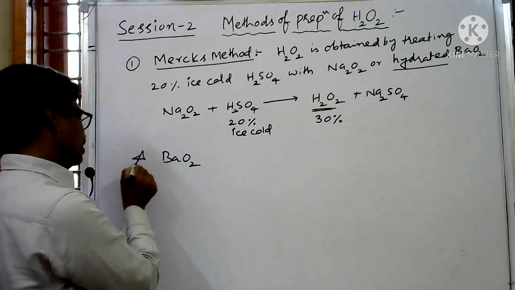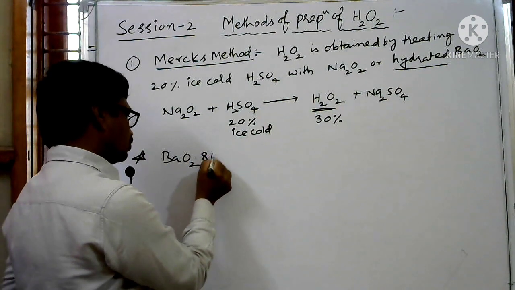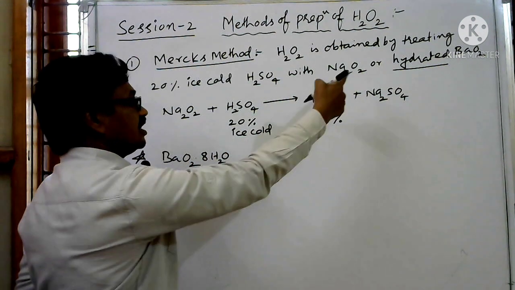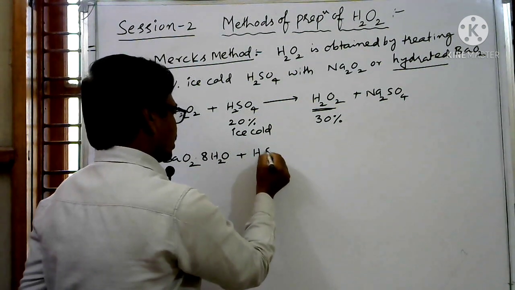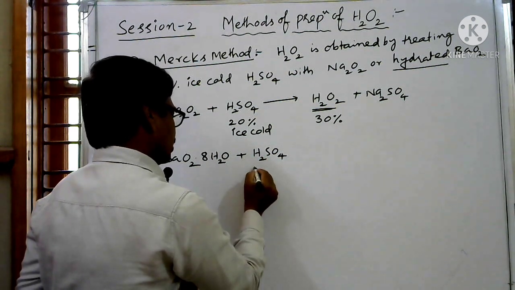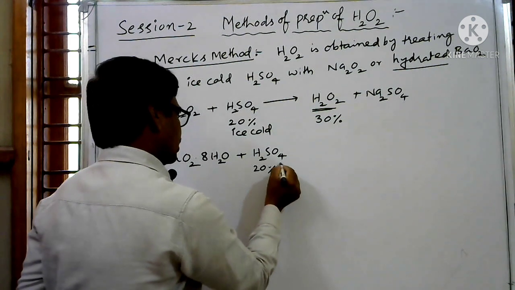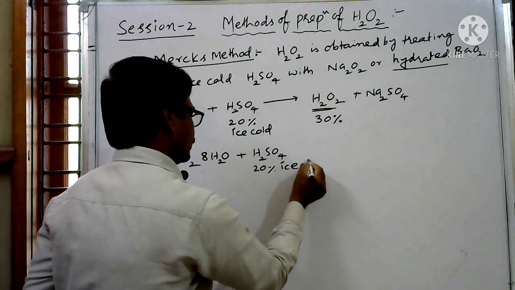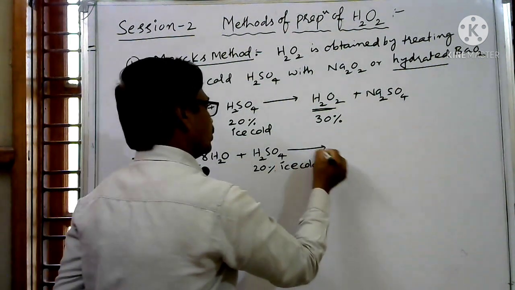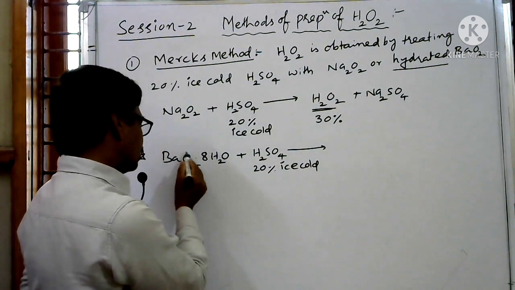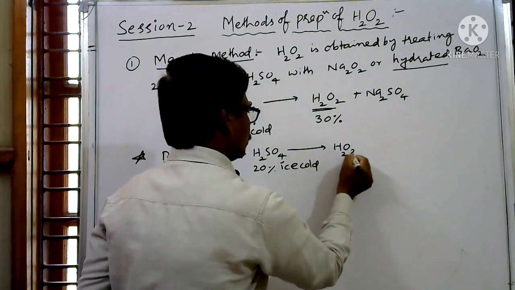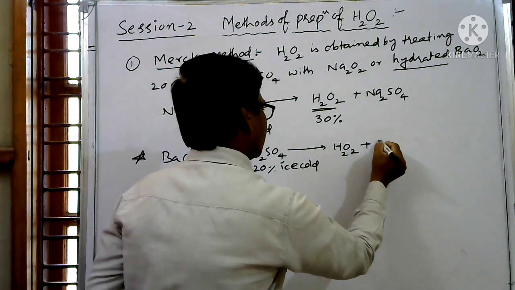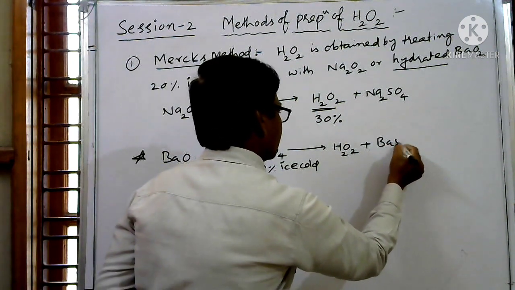This reaction is important. Barium peroxide 8H2O, this is hydrated barium peroxide. When it is also treated with sulfuric acid H2SO4, same thing, 20% ice cold condition, here again 2 oxygens with 2 hydrogens of sulfuric acid produce H2O2, our compound, and along with this we get barium sulfate.